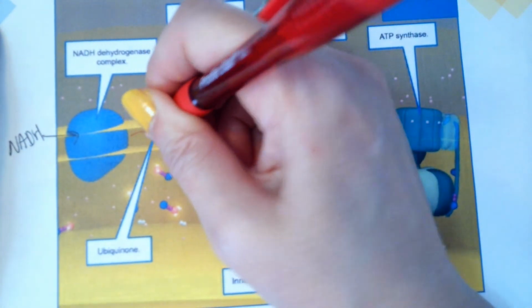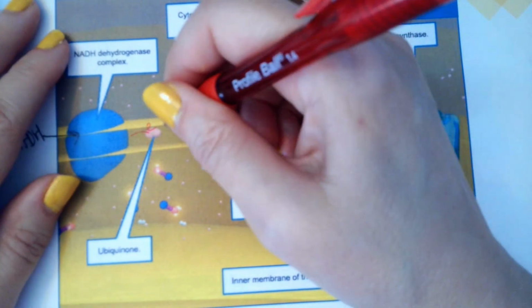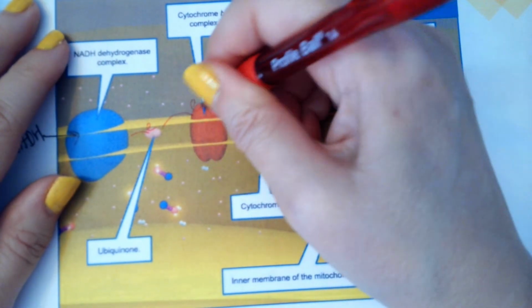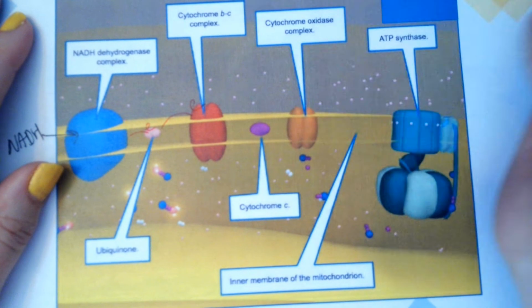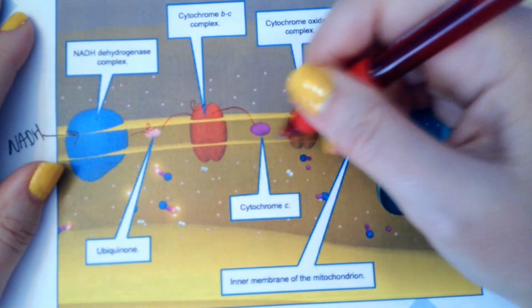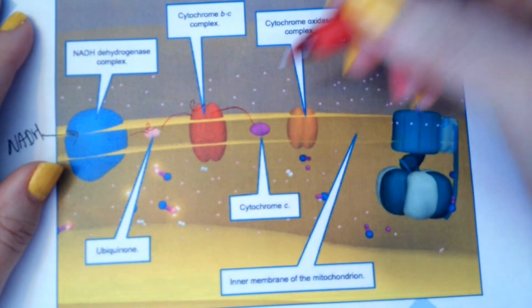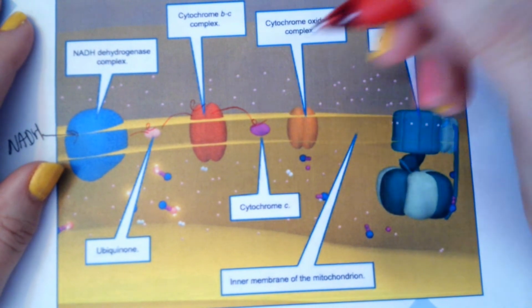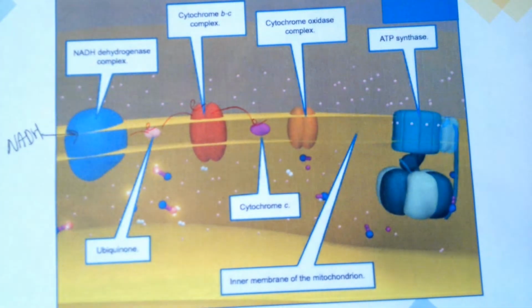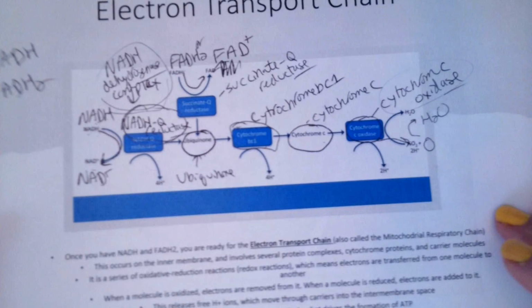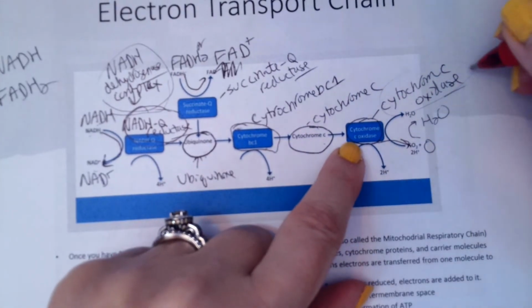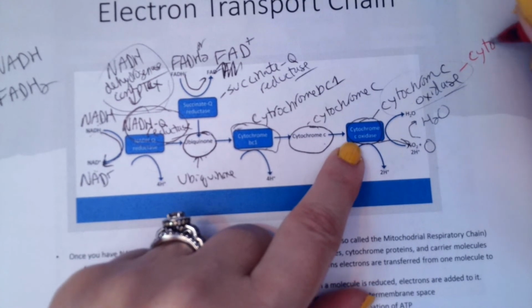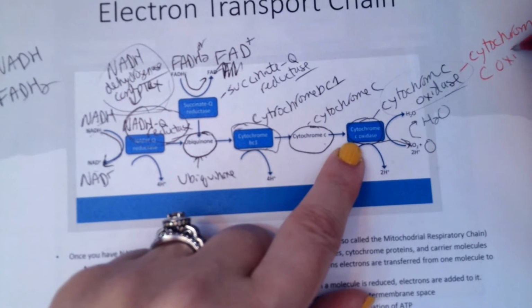The electron goes to ubiquinone, then it goes to the cytochrome BC1 complex, then it goes to cytochrome C, so there's the electron still. Then the cytochrome oxidase complex, here we go again, naming it something different. So cytochrome C oxidase in the cytochrome C oxidase complex.